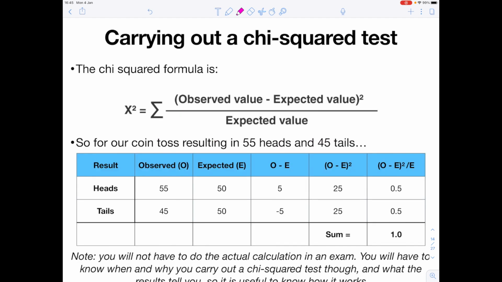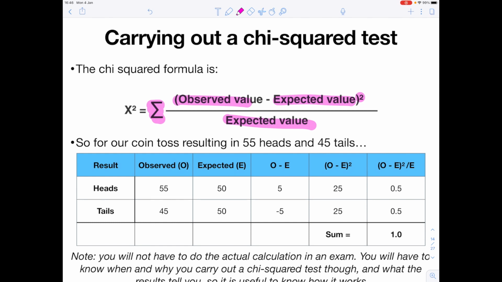So carrying out a chi-squared test, the chi-squared formula looks like this. We have chi-squared is the sum, which is this symbol here, of the observed value minus the expected value squared, divided by the expected value. And if we use the table like this, we can see how we're going to use that formula.